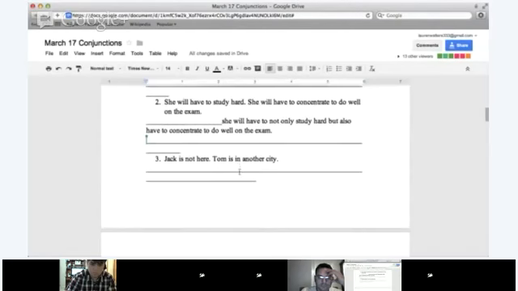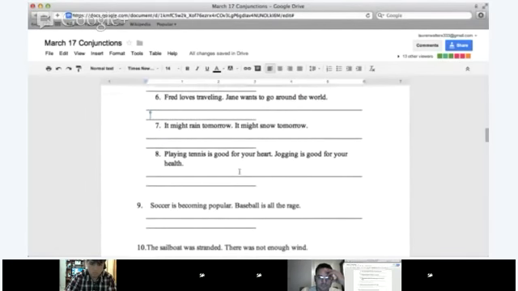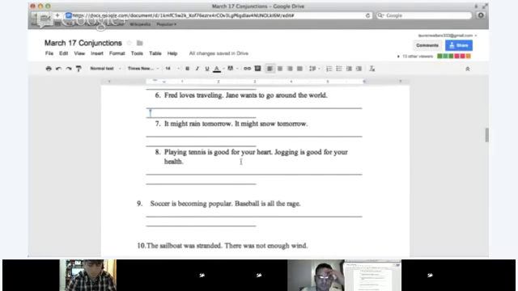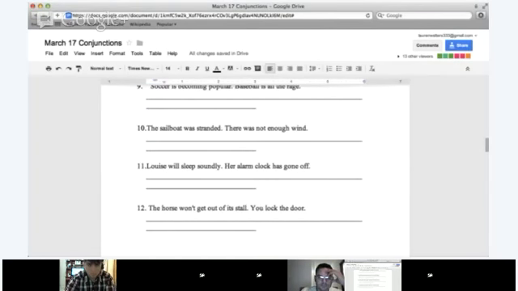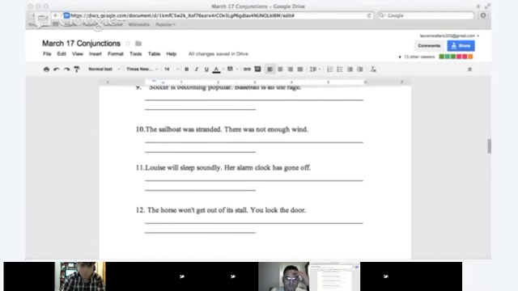So I'm just looking at some of what you're getting done here, and it's looking pretty good. Some of you must be doing it on your own computers, because I see that everybody who's supposed to be doing number 9, 10, 11, 12, nobody's doing it on the document. Are you going to be copying and pasting it back?